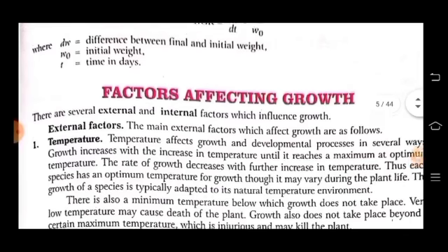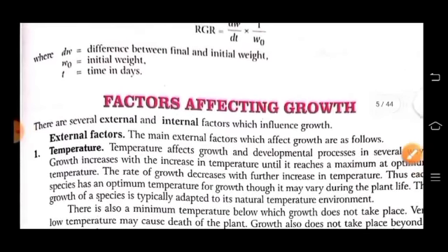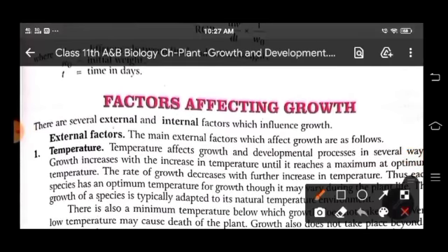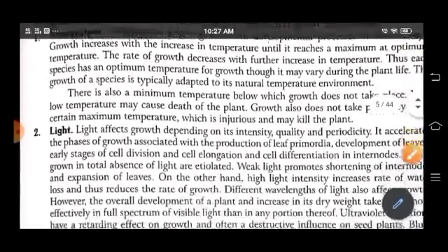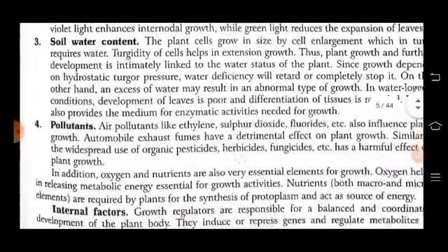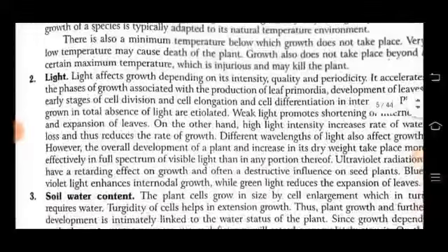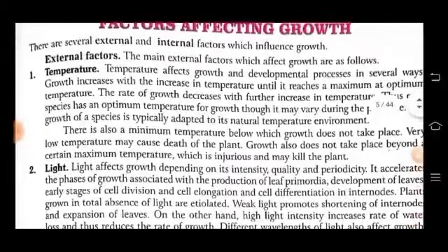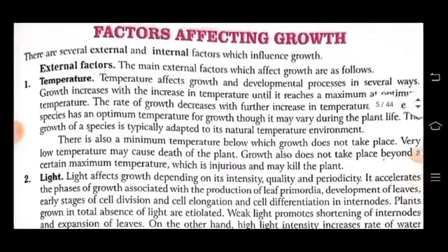Now, factors affecting growth. There are several external and internal factors which affect growth. External factors are temperature, light, soil, water content, and pollutants. So how does temperature affect the growth of the plant?